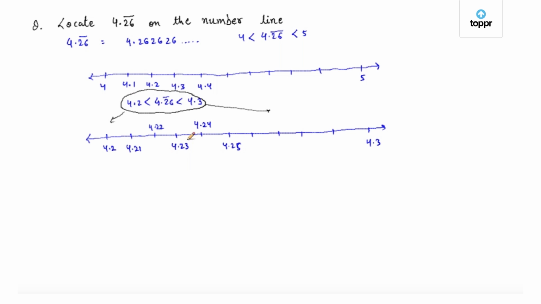Now, we know that 4.26 whole bar lies between 4.26 and 4.27.